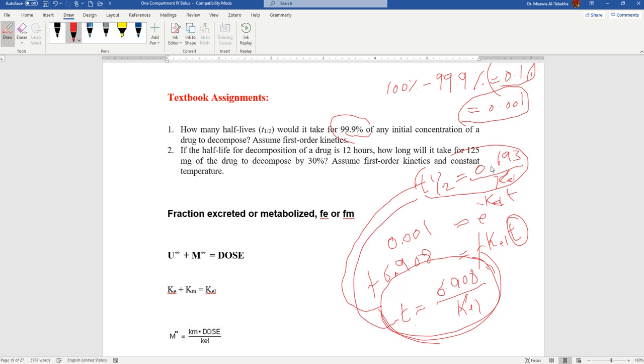So how many half-lives? We divide 6.908 divided by KL, and then divide that by half-life, اللي هو ايش half-life, 0.693 divided by KL. طبعا KL goes with KL, and what we will have is simply 6.908 divided by 0.693.